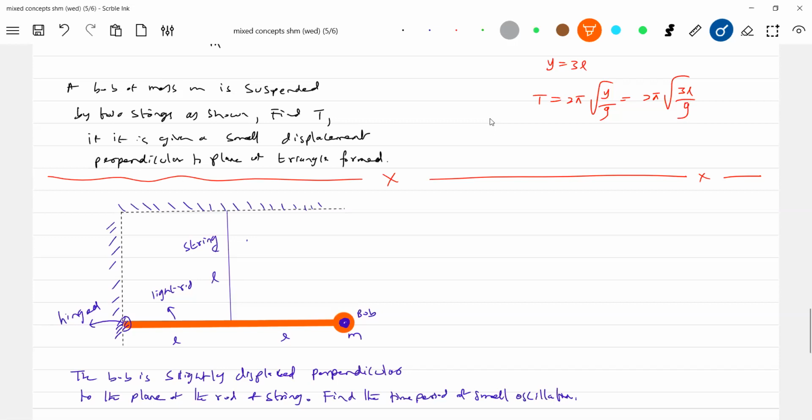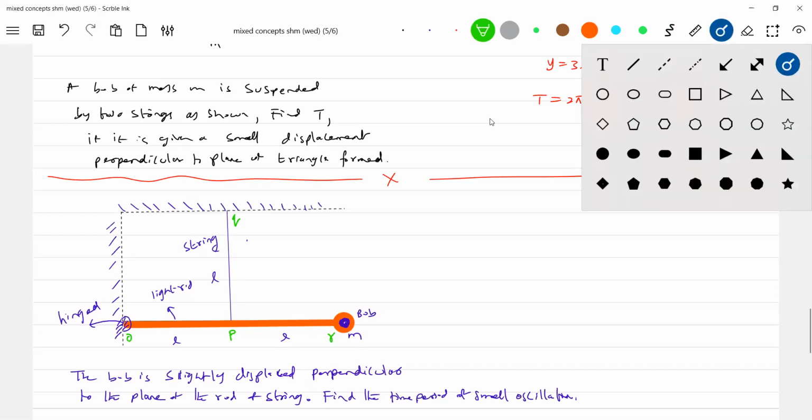Let's have a diagram like this. So you should imagine. Just take a pen, pencil, something, and you should be able to imagine on your own. Okay, let me do one thing. Let me call this O, this P, Q. Let this be R. So a rough diagram.